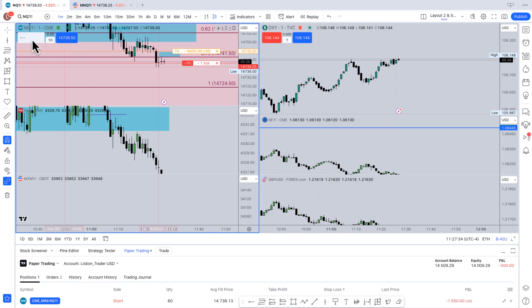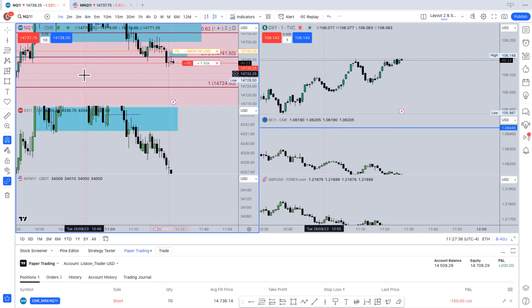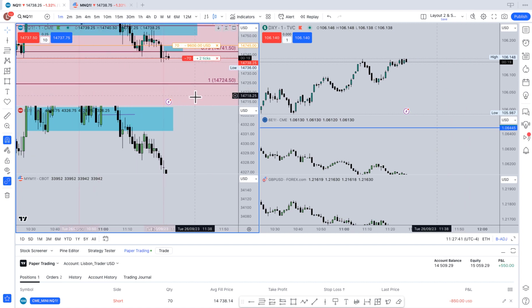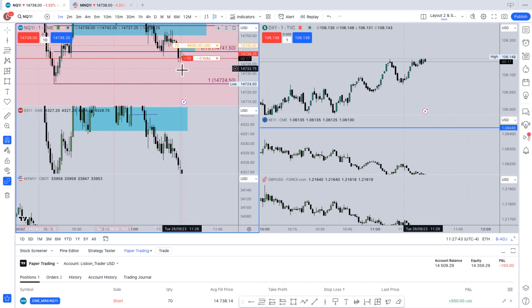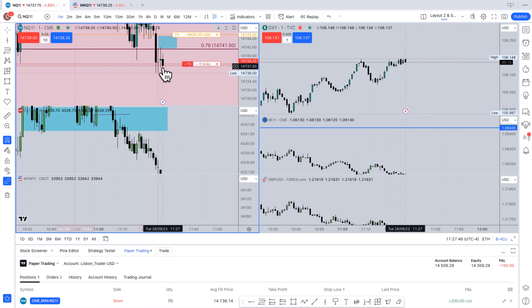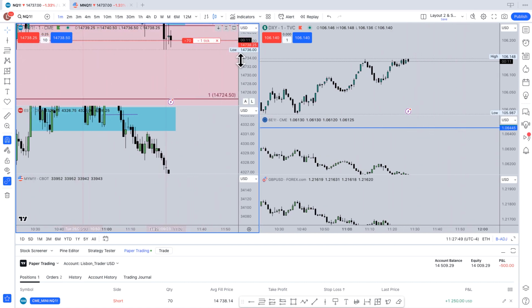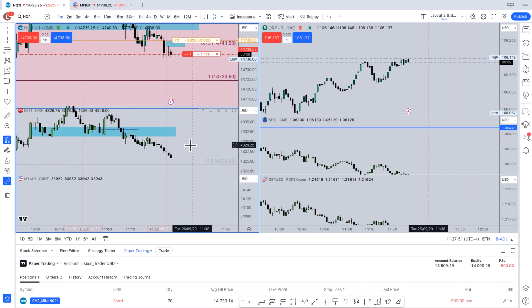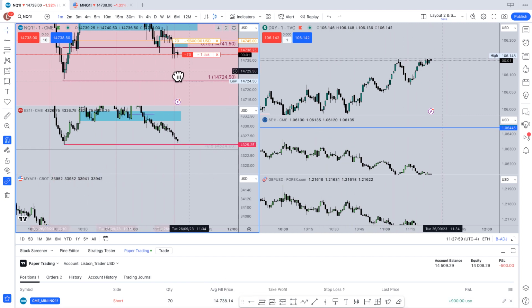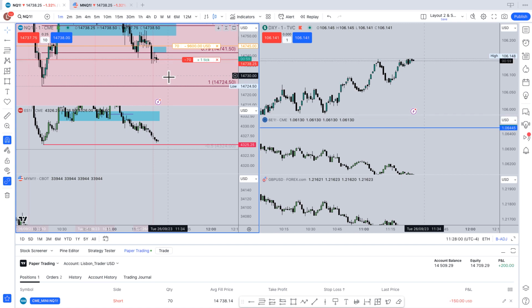Okay, this level. Like this shivering. This is arriving at its sell side liquidity, and NQ is staying put.